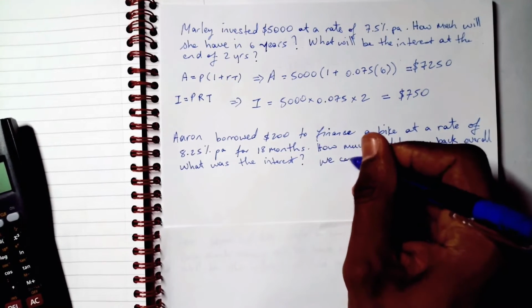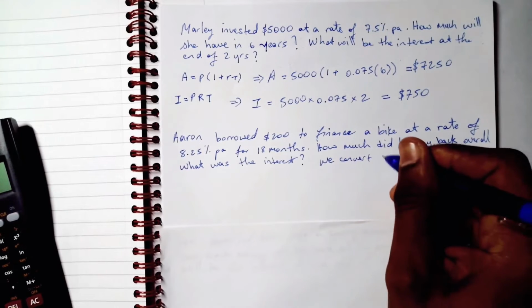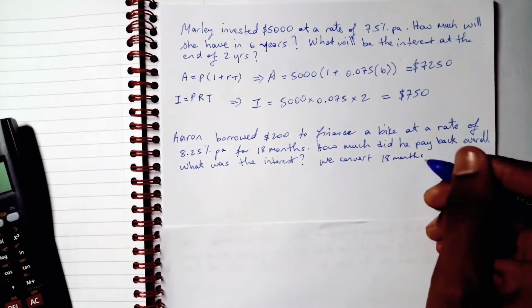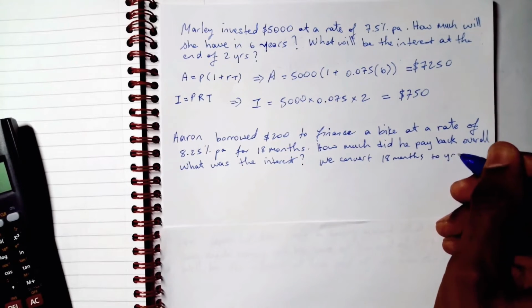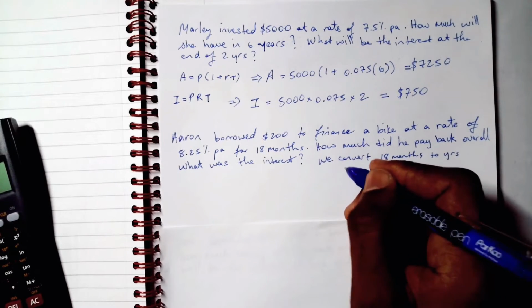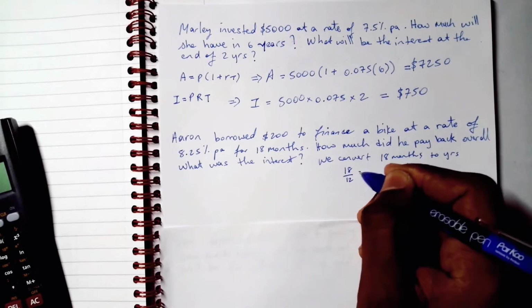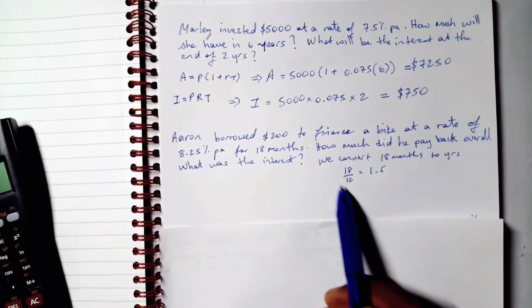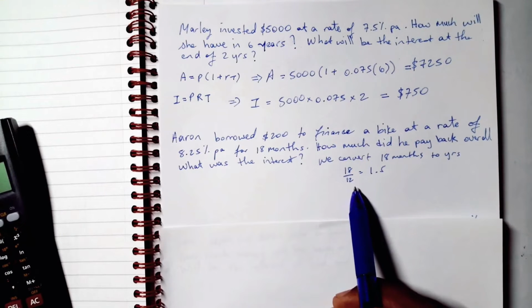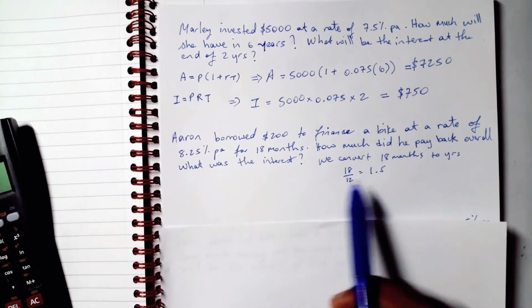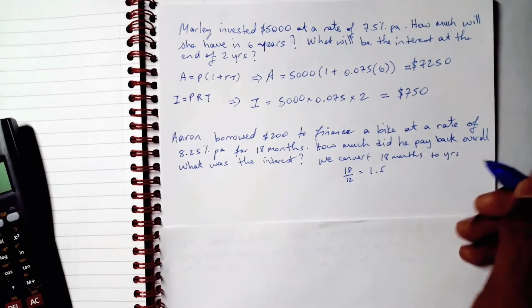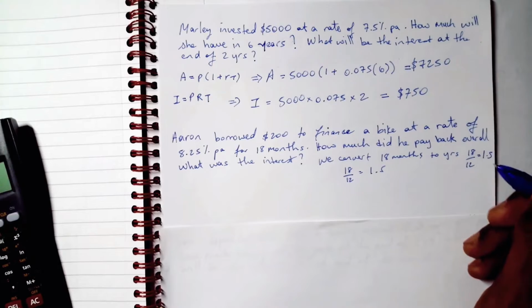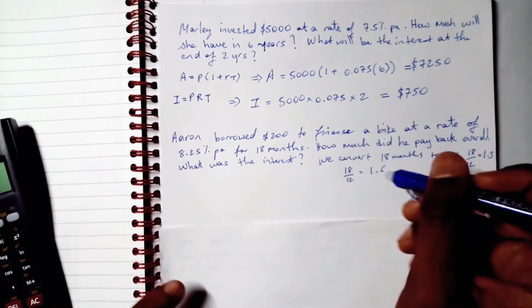We convert 18 months to years by dividing 18 by 12. We get 1.5. That's how we convert months to years, by dividing by 12. That's just a side note. I'll write it right here: 18 divided by 12 is 1.5. It's a side note because I need the space here.